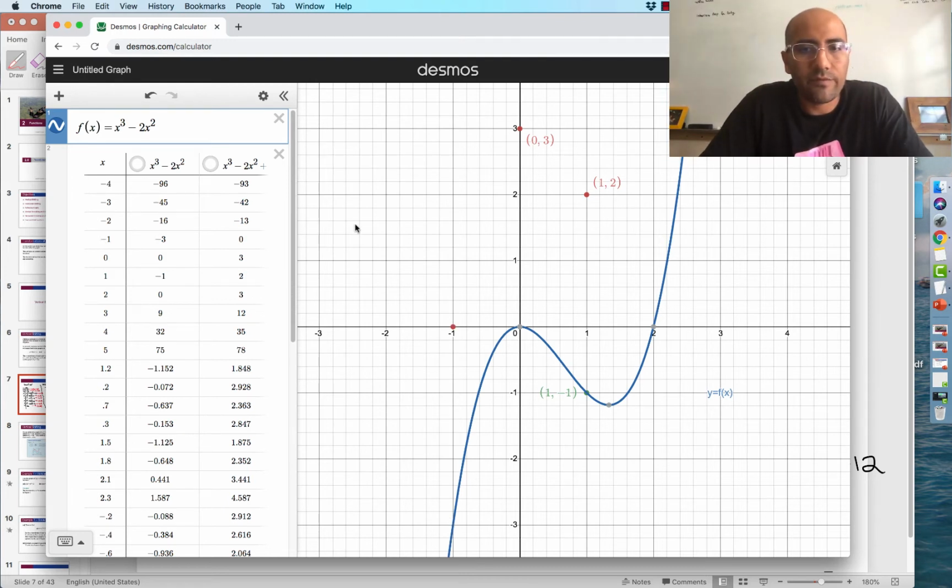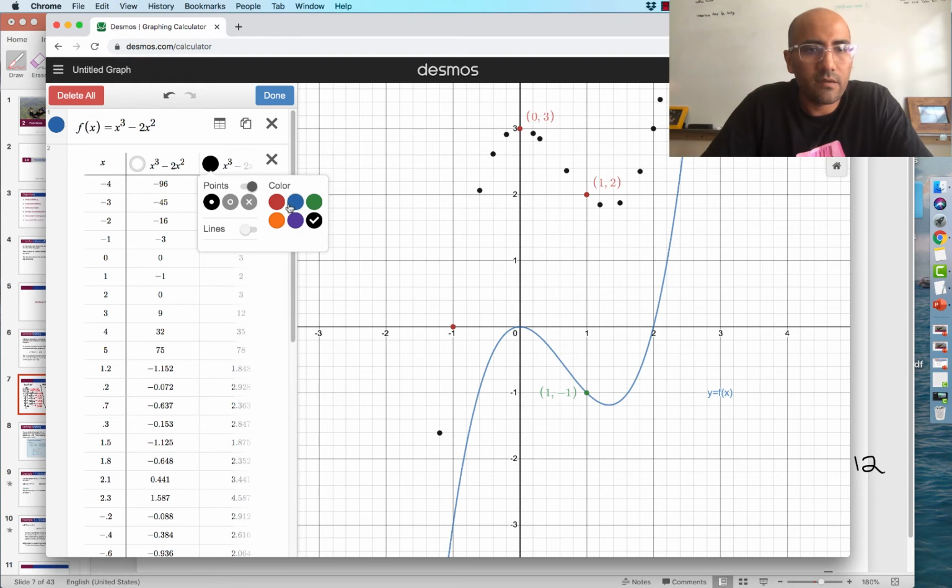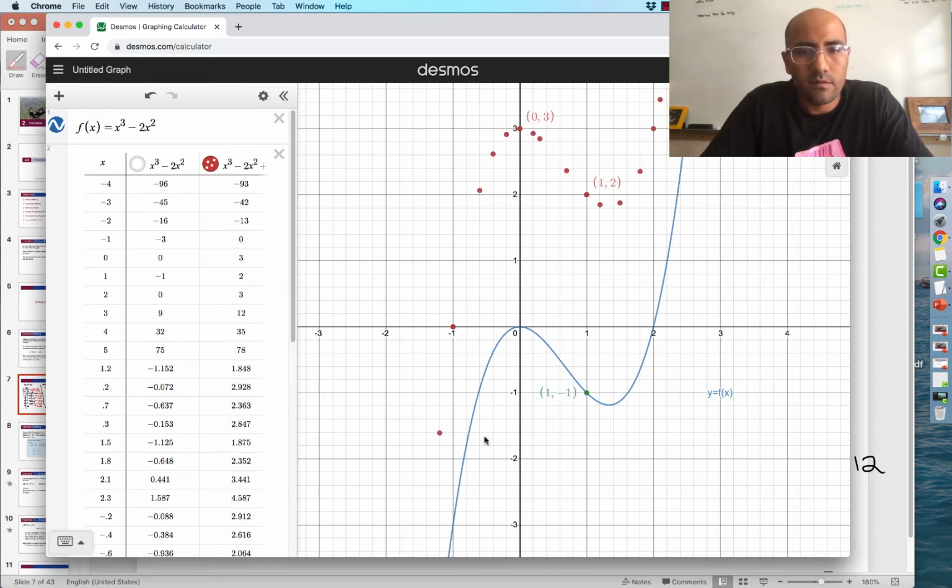Okay, so if we do it for a lot of points, let's go back over here. We can just do that for all these points. And let's put them all in red. See, on a point-by-point basis, we start to see that every point in my new function is going to be exactly 3 units higher than the old one. And so, let's zoom out a little bit.